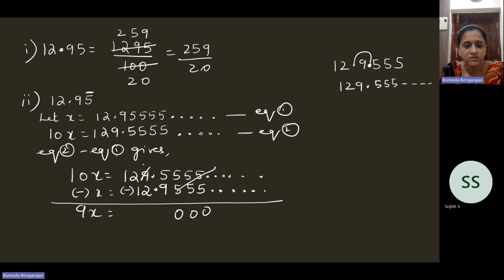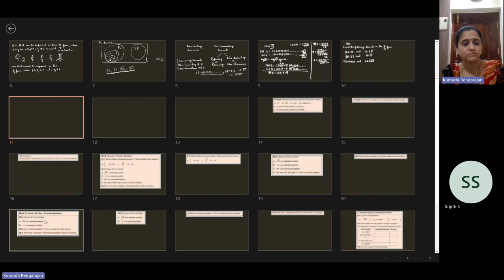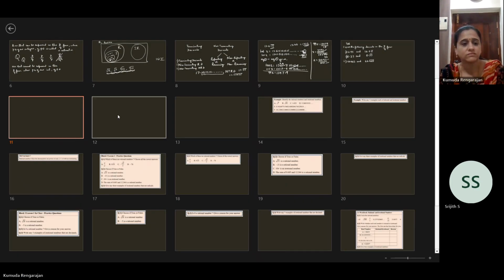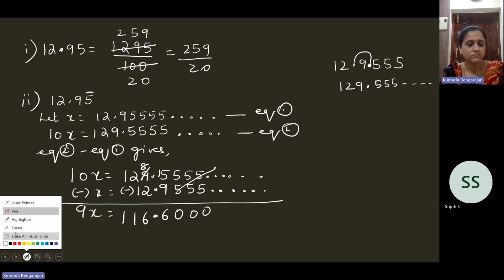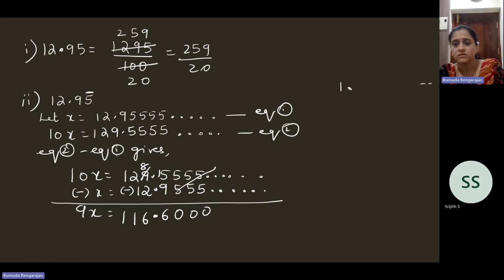Now this becomes 8, 15, 15 minus 9, 6, 8 minus 2, 6, 1, 1. This is equal to 116.9, 6.6 by 9. And for question we got 1283 by 99. Final answer. So 9x is equal to 116.6.